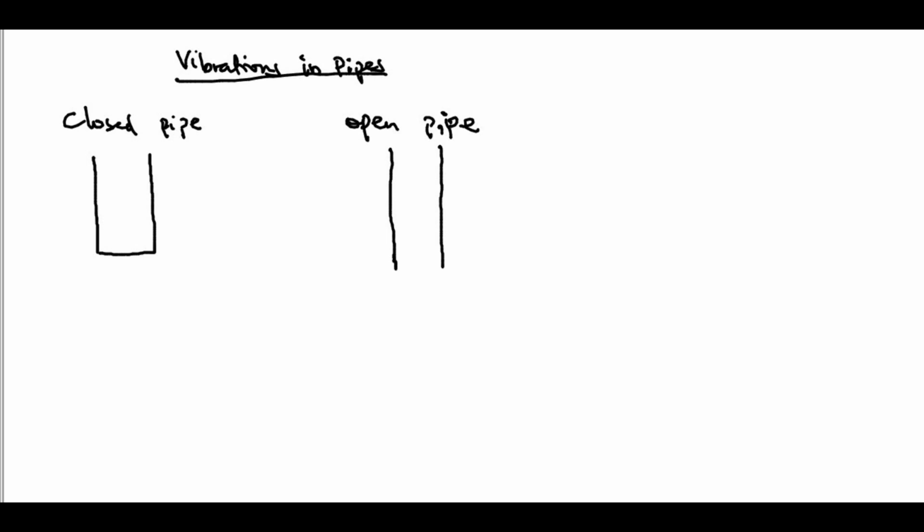So you see, this is closed at this end and this is open, such that the configuration of waves inside will be such that you only have a node at the closed point and you will always have an antinode at the open end of the closed pipe.